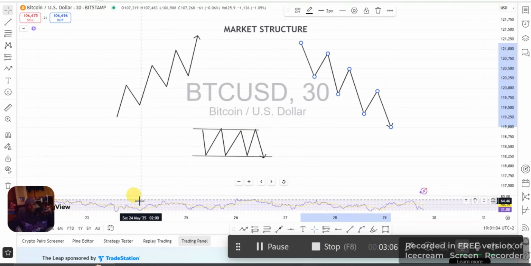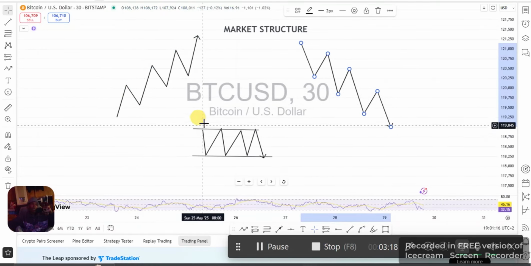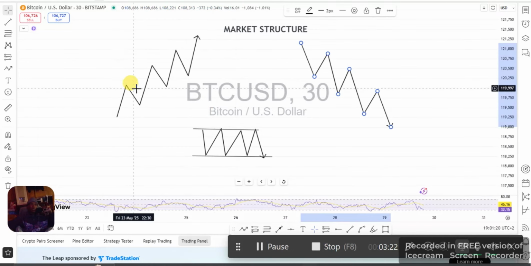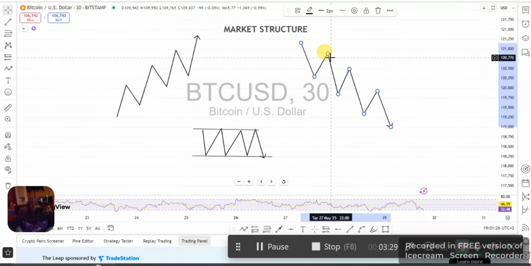But if the market is moving to the upside, you want to see the higher highs and the higher lows, right? And then when it's downtrending, you want to see the lower highs and the lower lows, right?